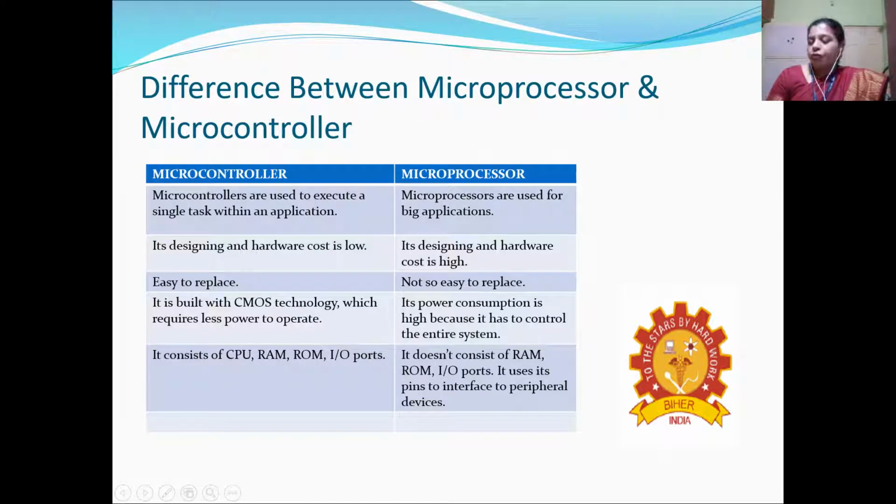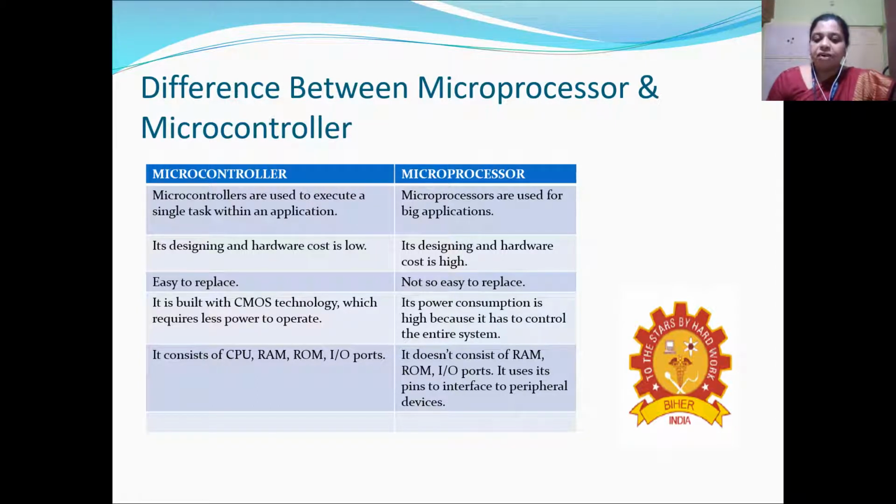Now, before moving into the 8051 microcontroller, first we'll analyze the difference between microcontroller and microprocessor. Then we'll move on to the 8051 pin diagram and architecture. Basically, the microprocessor is just acting like the CPU of a computer.